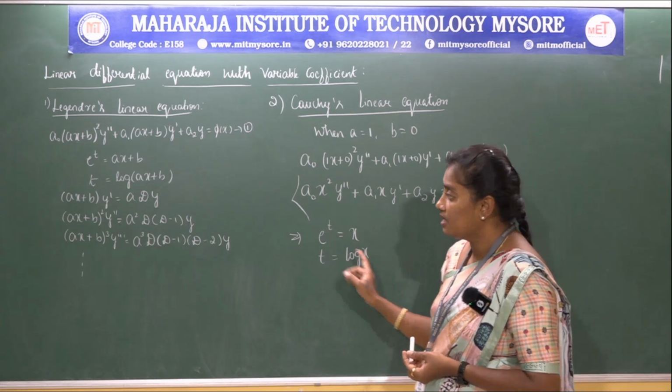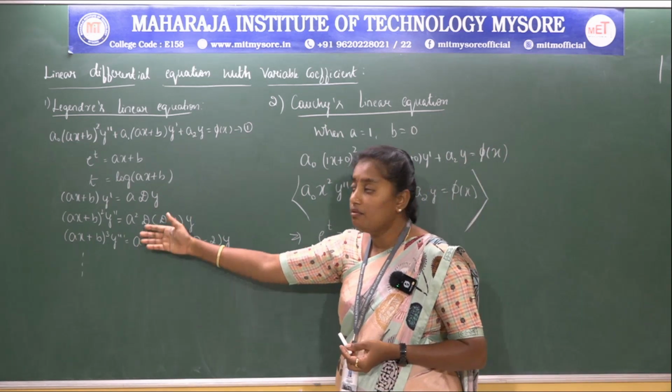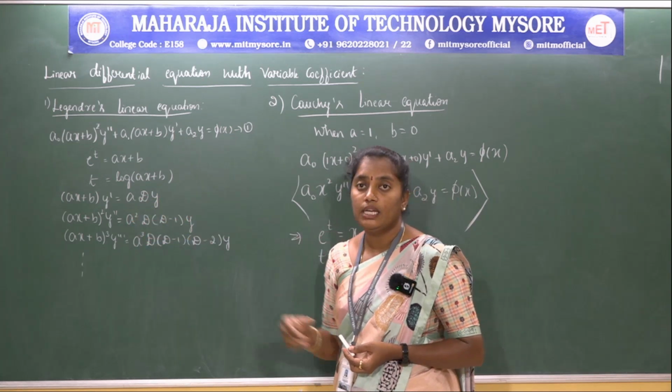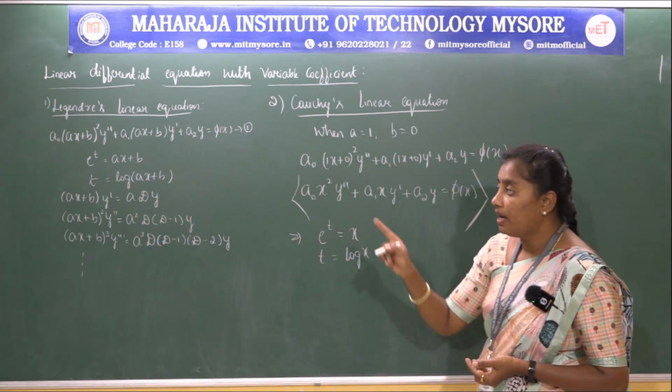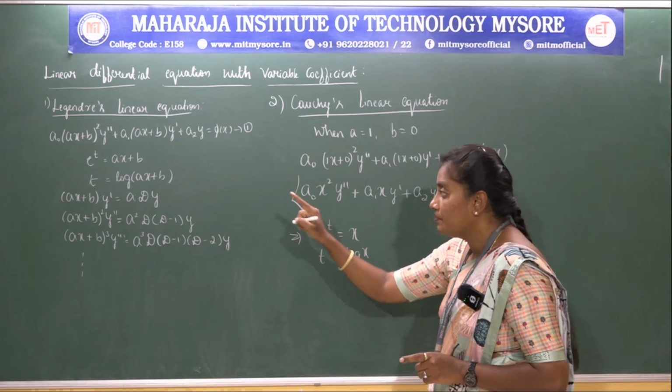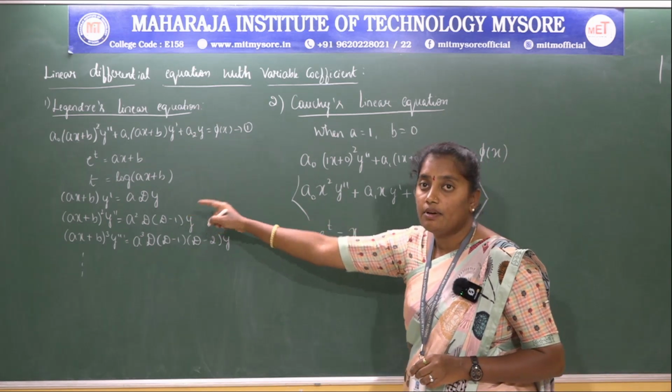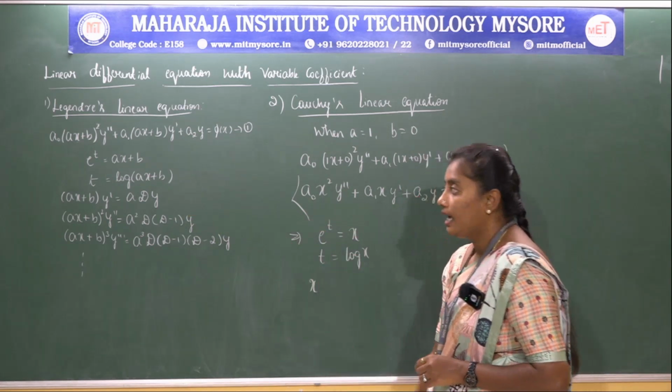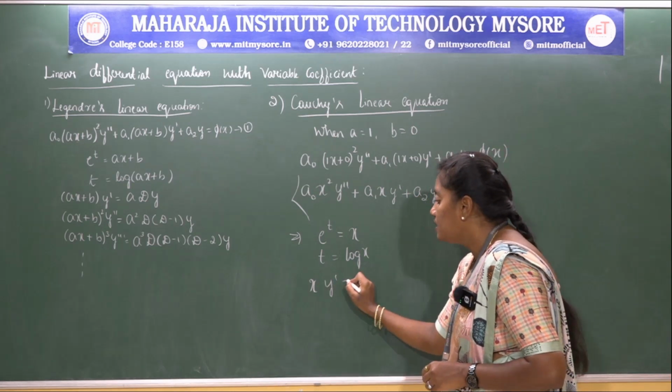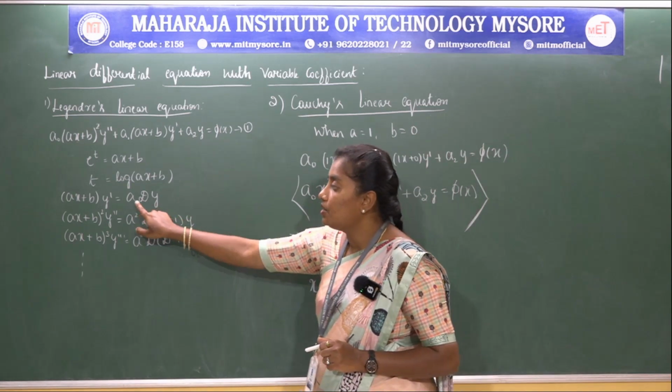After substituting this, the derivative values also we have to substitute, with a is equal to 1, b is equal to 0. Then for the first derivative, we get x into y dash is equal to D y.